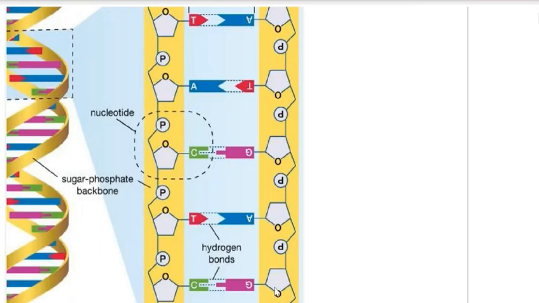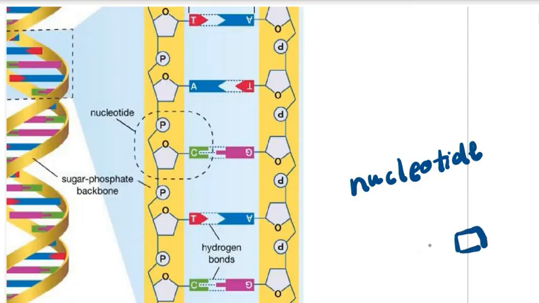So nucleotide is just something like this. Nucleotides form the basic unit of the DNA. So nucleotide contains 3 structures, right? The base, which links to the pentose sugar, and then to the phosphate group, like this.